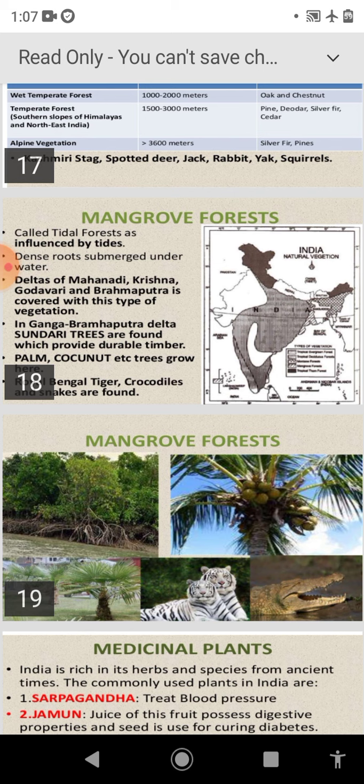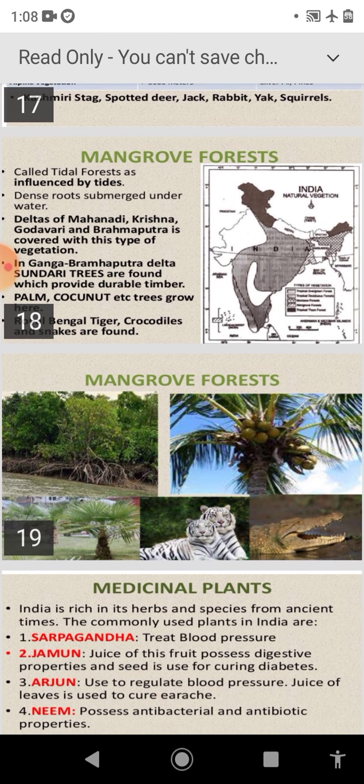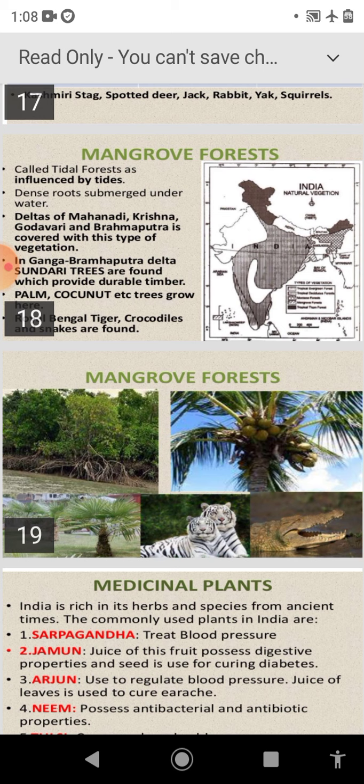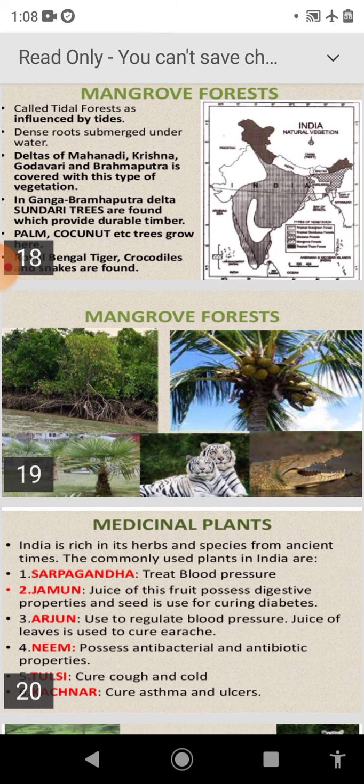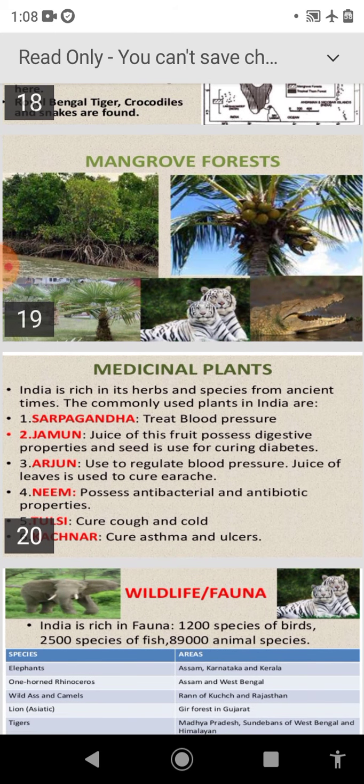With regard to the animals, what we can see in the mangrove forest are tiger. The Royal Bengal tiger is the famous animal in this forest. Other than tiger, turtle, crocodile, gharials, and snakes are also found in the mangrove, or you can say the tidal forest of our country.